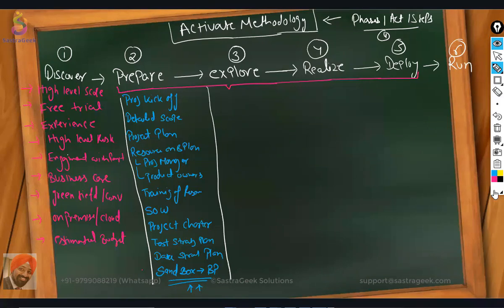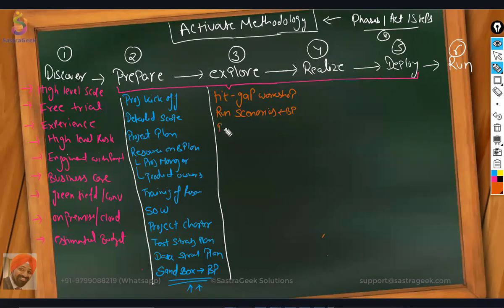In the explore phase, basically, now what would be happening in the explore phase? In explore phase, you would be having your fit and gap workshop. Okay, you would be running your scenarios on the best practice client.